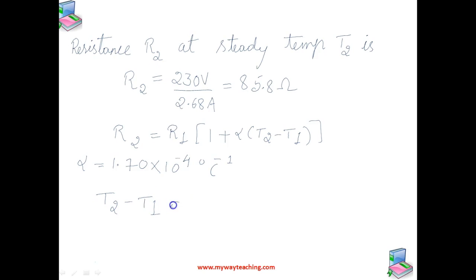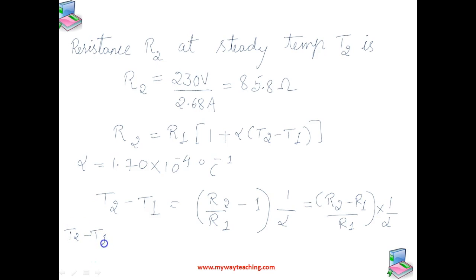So T2 minus T1 is equal to R2 by R1 minus 1, into 1 by alpha. In other words, R2 minus R1 by R1 into 1 by alpha.